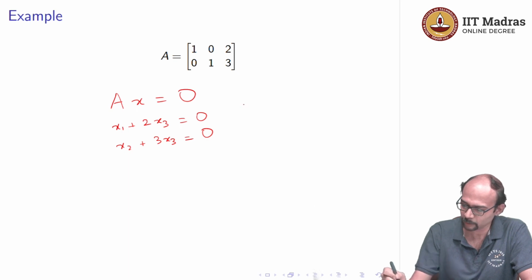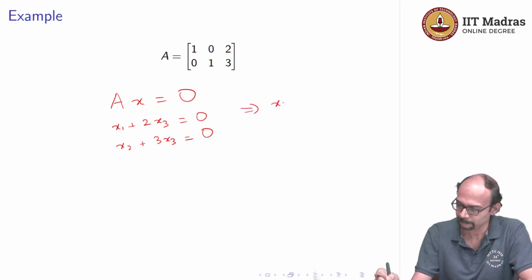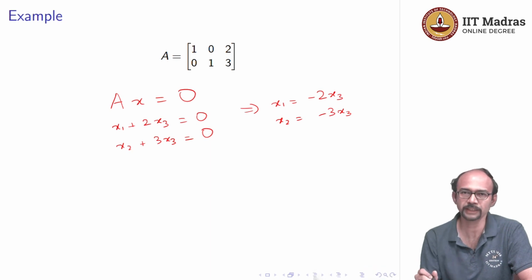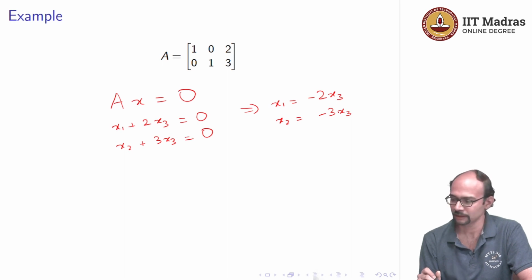You can see from these equations that x1 is minus 2x3 and x2 is minus 3x3, and that is all that we need in order to get a solution. Whenever we substitute for x1 negative 2 times the value for x3 and for x2 negative 3 times the value for x3, we get a solution.